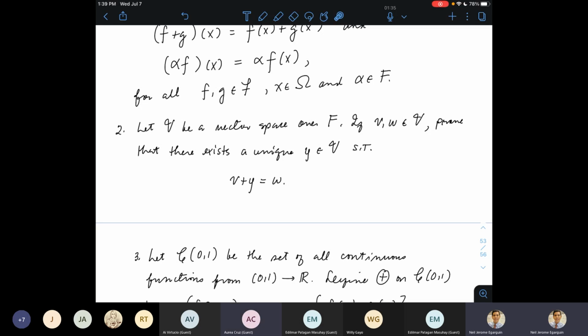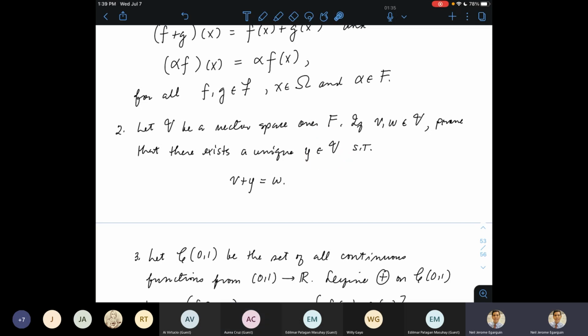Show first that something exists. The clue here is that you will start with V and W. V and W are given to be elements of the vector space. And then the statement is saying that there should exist a unique Y such that this equation is true. So in order to prove the existence, you should give me an element Y.